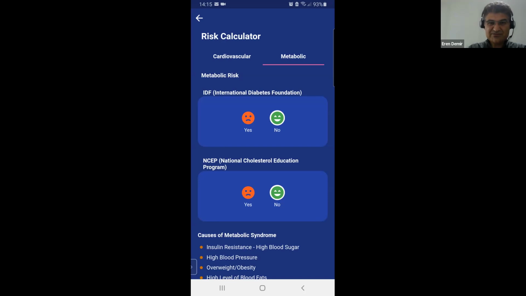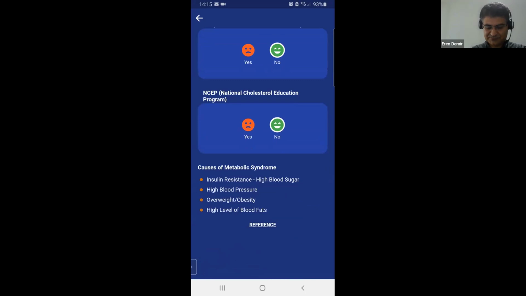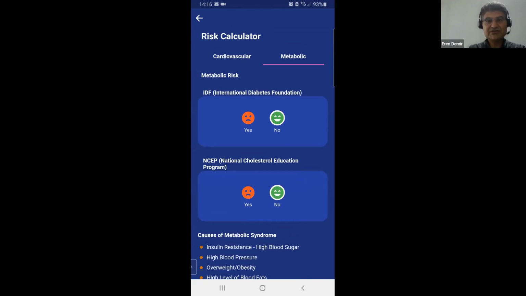Based on the two algorithms we're using, it says no, so I'm not at risk of metabolic syndrome, but there's some educational material provided, and also the reference for the algorithm we use to generate these risks. And there are other risk algorithms in the pipeline, such as risk of hospitalization and risk of non-adherence to medication. They're all currently in development, and in due course we'll have these implemented.